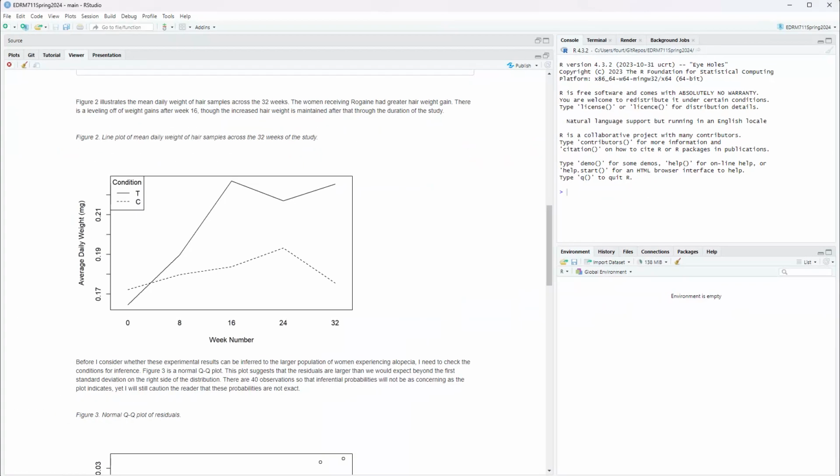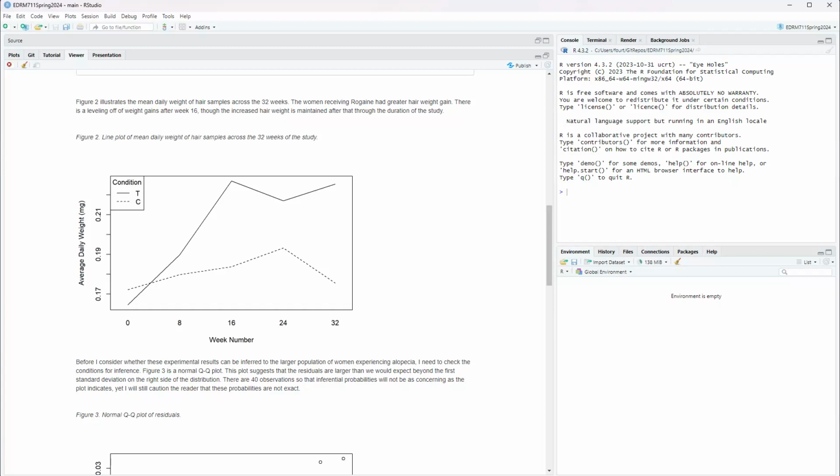Looking back at my Rogaine example, I'm using the amount of hair that is growing in each of these time periods, looking at how much hair we have for each of these women by taking a little snippet of hair from, I believe it was a square centimeter or something like that. And so we're actually weighing that amount of hair. So we're using a quantitative response measure here, whereas we treated both the condition and the weeks as categorical factors on the explanatory side.